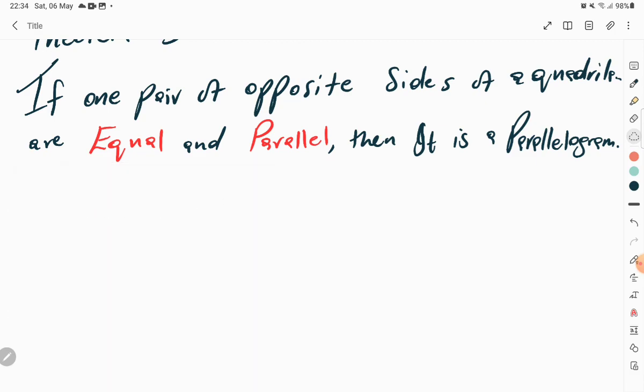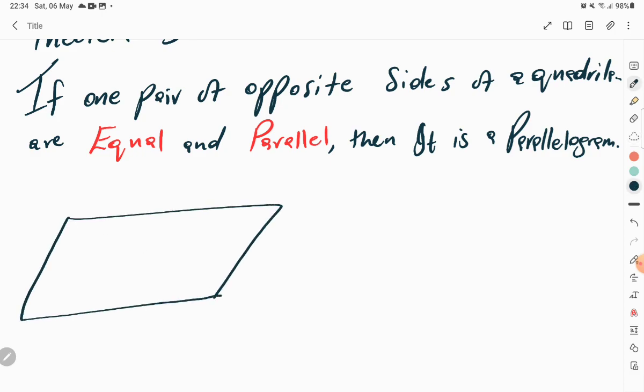All right, so this is what I was trying to draw. This is the parallelogram. If this side is parallel to this one and also equal, then this is going to be a parallelogram.